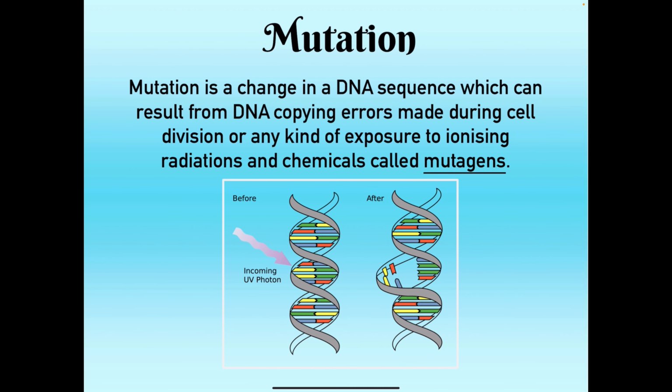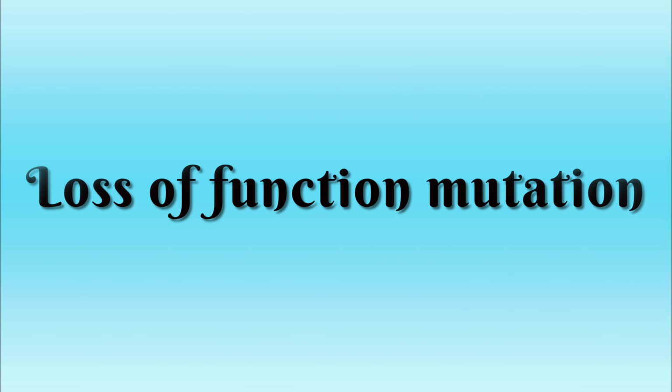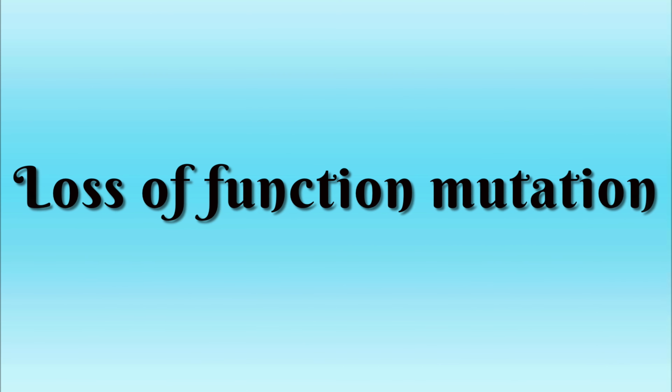Mutation results from DNA copying errors made during cell division or any kind of exposure to ionizing radiations or chemicals called mutagens. When these mutations result in reduced or abolished protein function, it is termed a loss of function mutation.